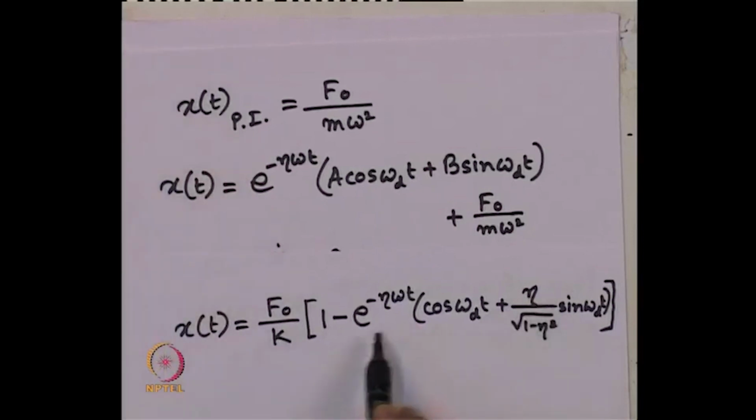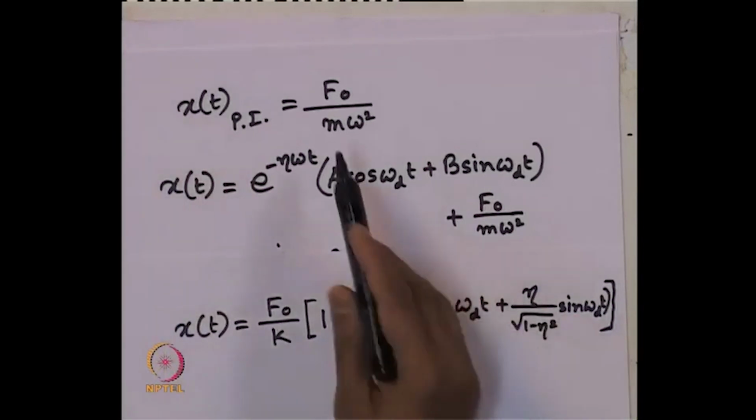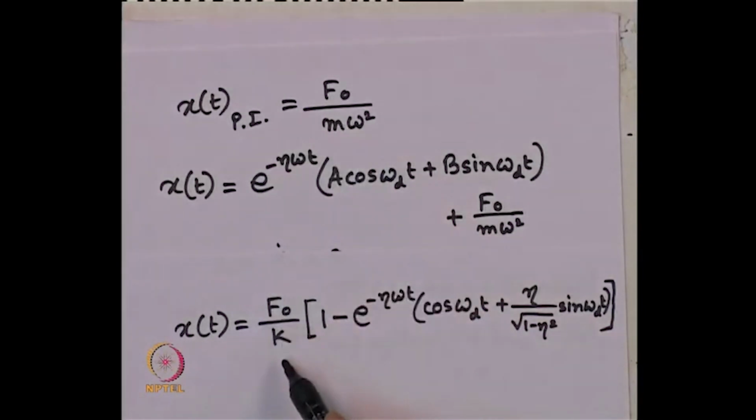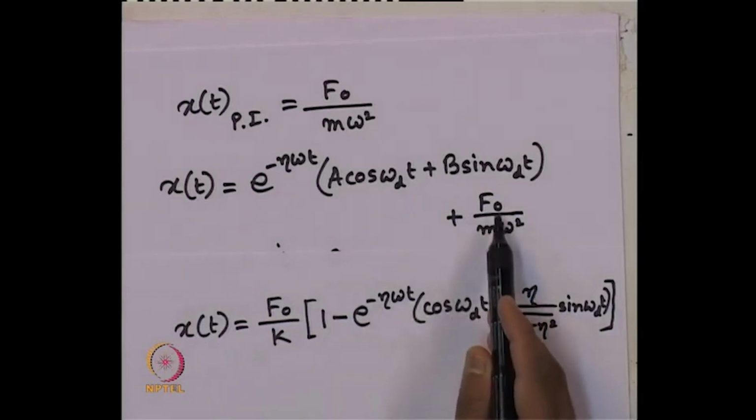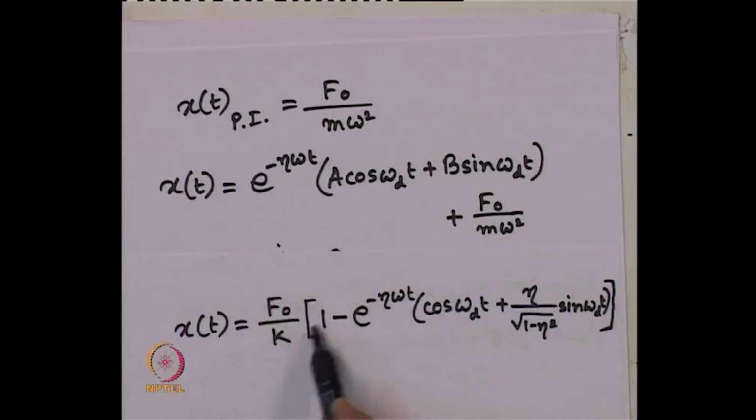So, this was our B component, f naught by k. F naught by m omega square is nothing but f naught by k, that is nothing but our A, and this part is like this. So, the complete solution is clear. Okay.